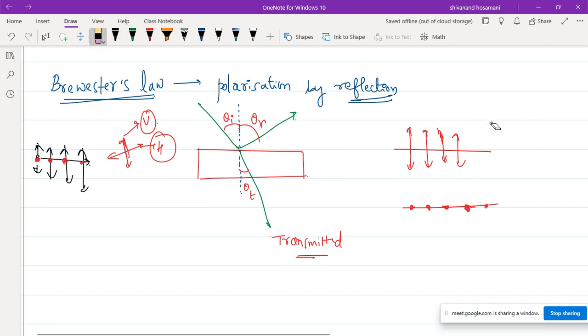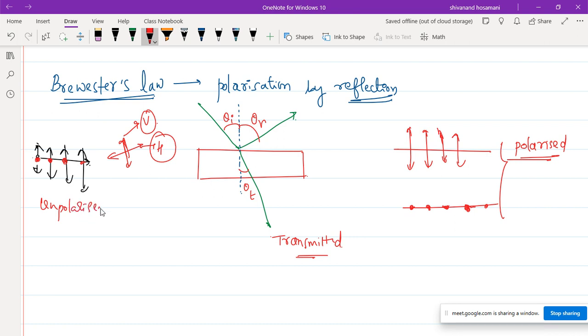This is also polarized, and both are polarized here. But here it is not polarized, it is unpolarized. Therefore, we define the incident light as unpolarized light.